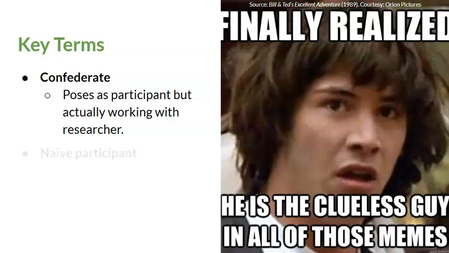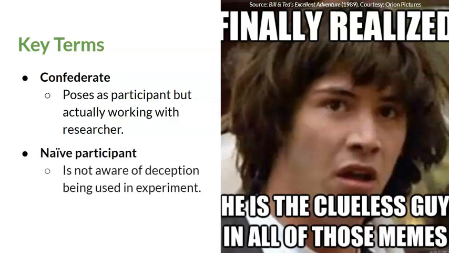On the other hand, the naive participant is an individual who's not aware of the deception being used in the experiment. Social psychology researchers observe the behavior of the naive participant who is clueless to what is going on, and they measure how they are influenced by the actual or imagined presence of others.